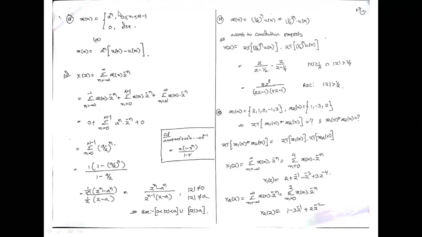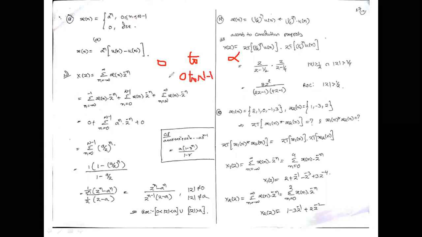So in the total range, what is the range? We have 0 to infinity. In this, x[n] is given only from 0 to N−1.